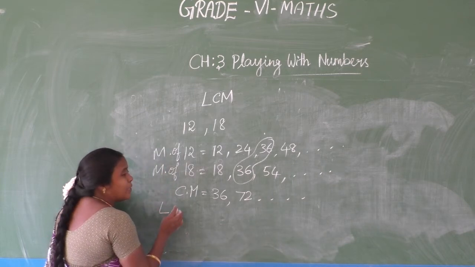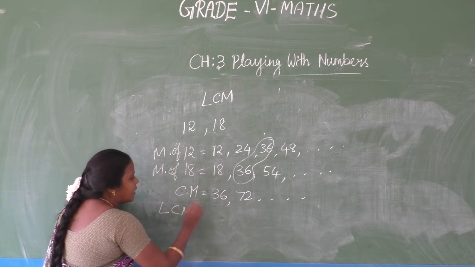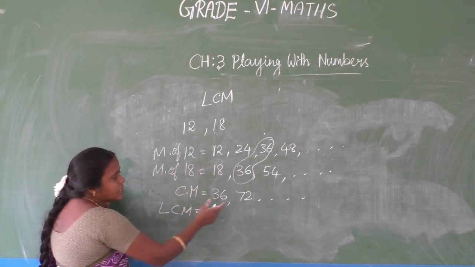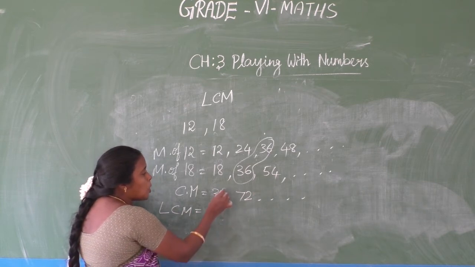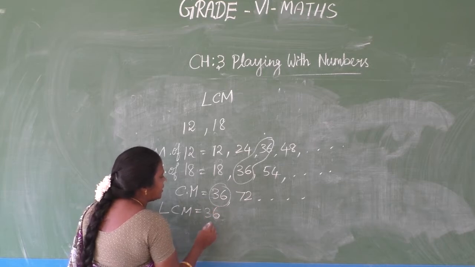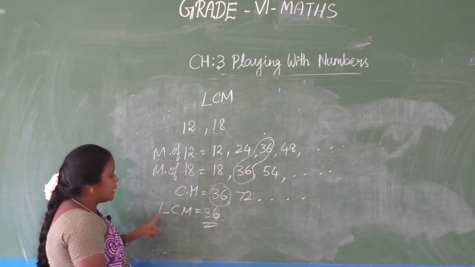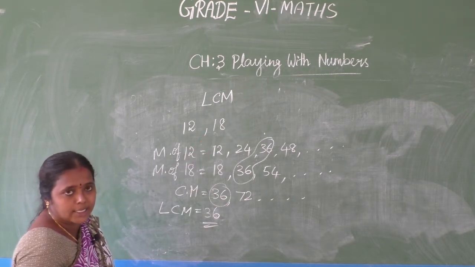In that, the least, that means lowest, smallest common multiple we have to pick up. Which among the 36th table is the smallest number? 36 only. So that is our required LCM, least common multiple, for the given numbers 12 and 18.